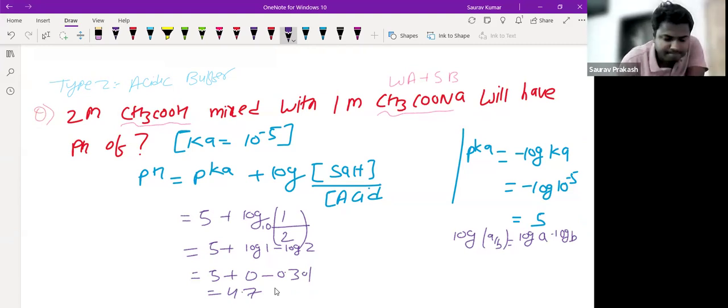Next, we see type 3, basic buffer solutions numerical.